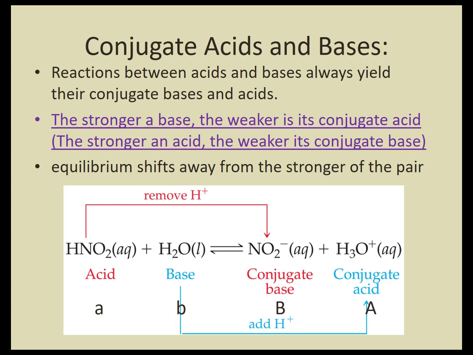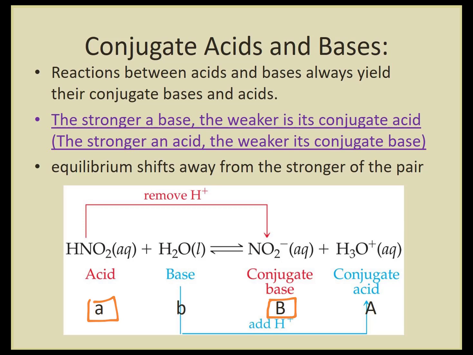Reactions between acids and bases always yield their conjugate bases and their conjugate acids. Later on in the unit, we're going to be talking about strength, but it's good to start learning it now. Whenever you have a weak acid, its conjugate base will be stronger. Down here in this example, I have a lowercase a, and notice that it becomes an uppercase B. Because the conjugate base is always stronger than a weaker acid, it will drive the reaction.